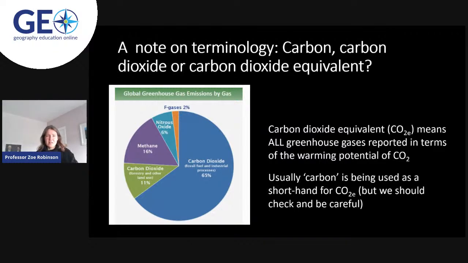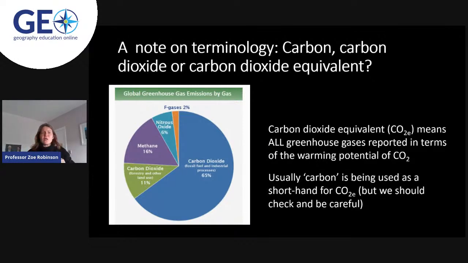So why do I say that this is important? Well, sometimes you might hear people talk about carbon dioxide equivalent, which is usually framed as CO2e, and is all greenhouse gases reported in terms of the warming potential of carbon dioxide.